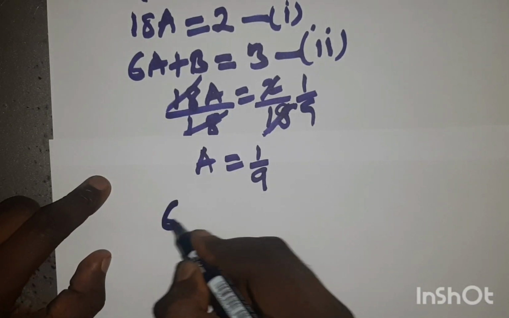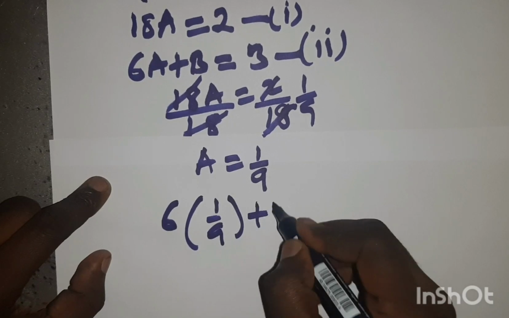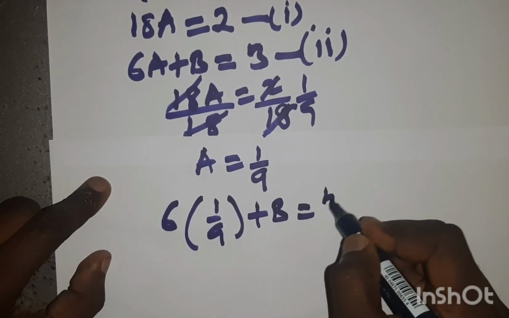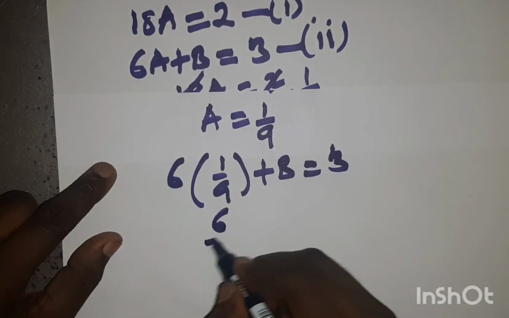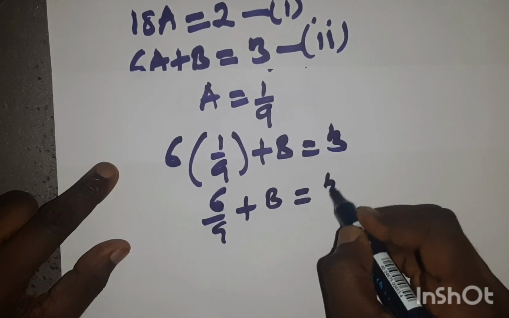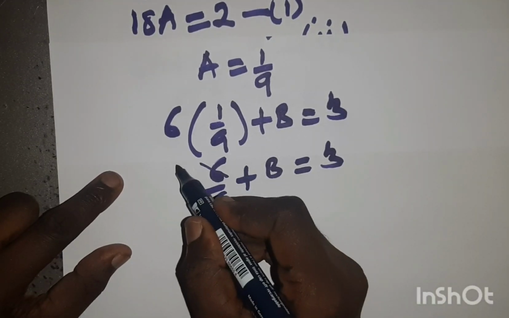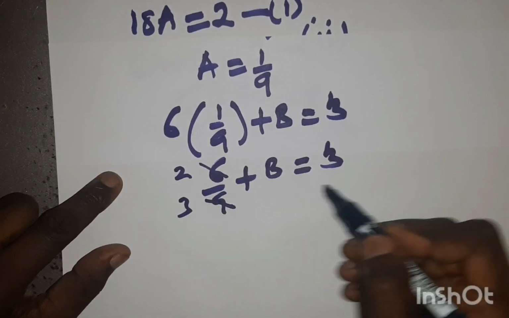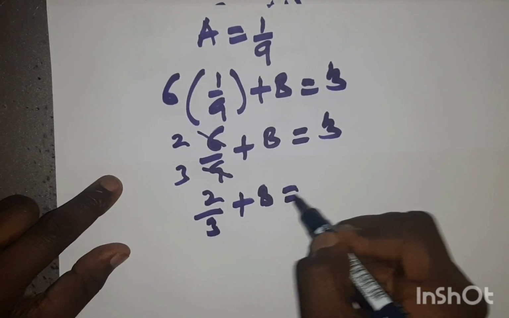So I have 6 times 1 over 9, plus b, equals 3. Simplifying, 6 times 1 is 6, so 6 over 9 plus b equals 3. Then 6 over 9 reduces to 2 over 3. So 2 over 3 plus b equals 3.